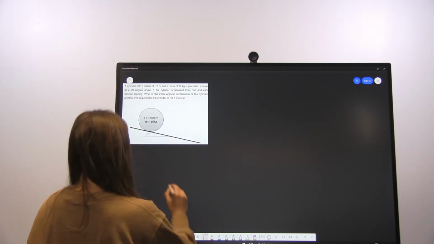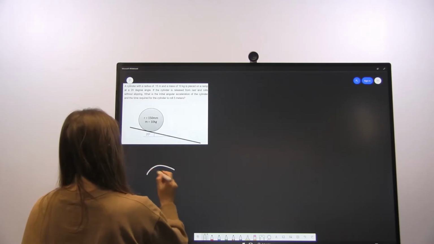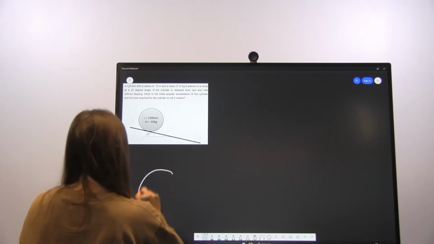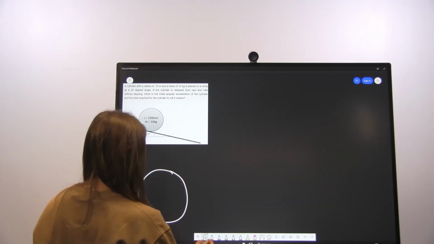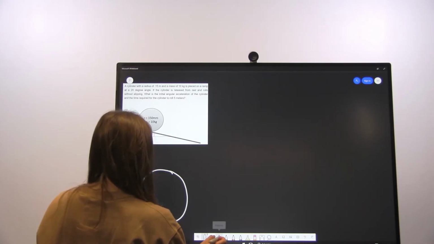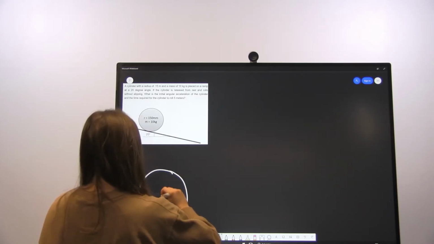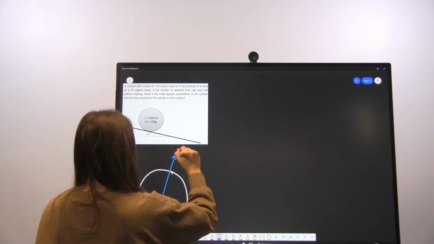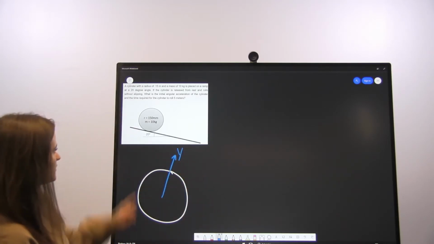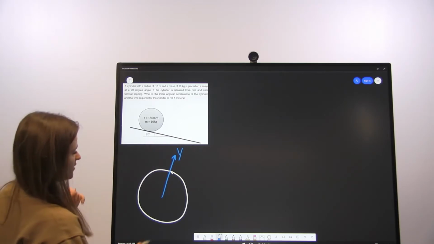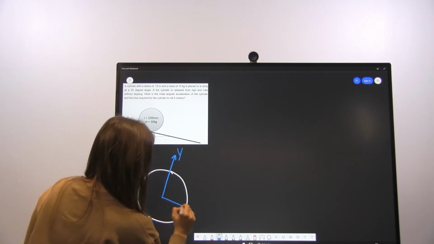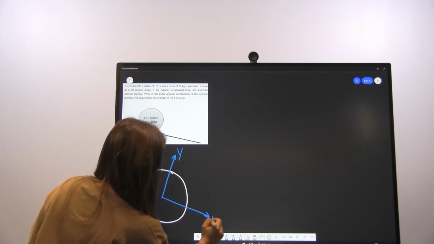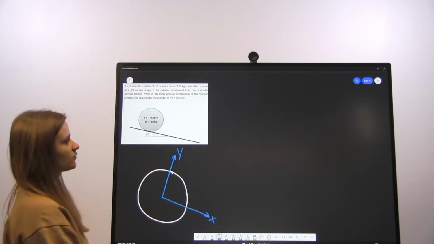It's just going to be a circle, and we're going to put our y direction so that we don't have to do too many conversions with theta, which is going to be 20. So we're going to put y in that direction, x in this direction, because this is the way that it's rolling.